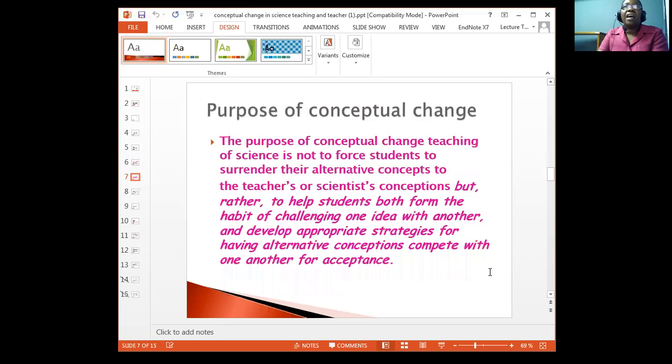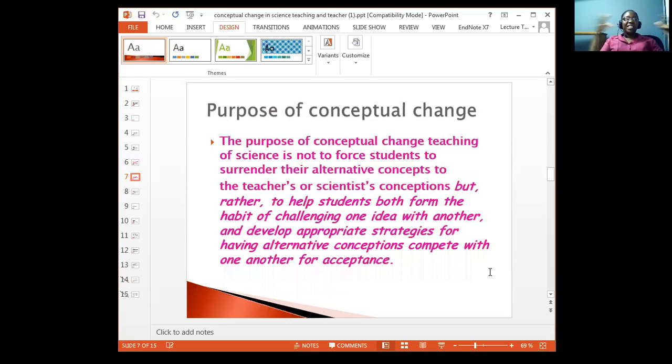All right. In terms of the purpose of conceptual change, I think this is very important for us to understand: the purpose is not to force students to surrender their alternative conceptions to the teacher's or the scientists' conceptions, but rather to help them understand.